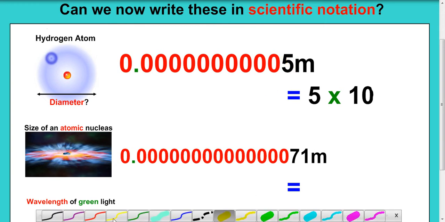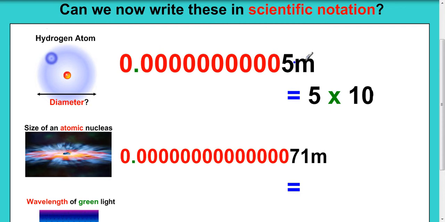Now the decimal point in this case will start after the 5 and jump backwards. So 1, 2, 3, 4, 5, 6, 7, 8, 9, 10, 11. So it'll go backwards all the way to the dot here where the decimal point is. It doesn't go to the start of the number, just to here.